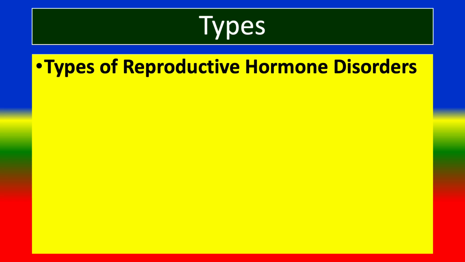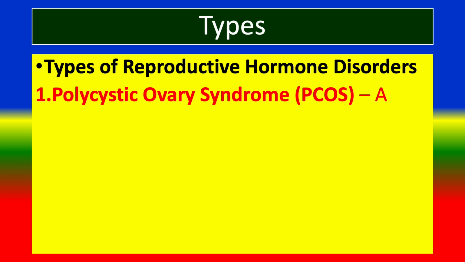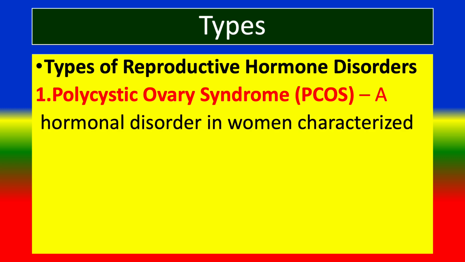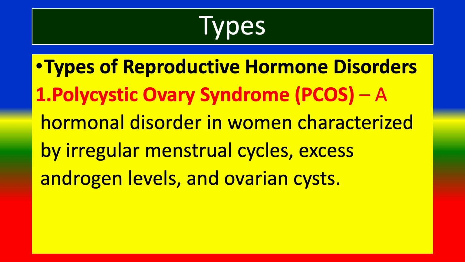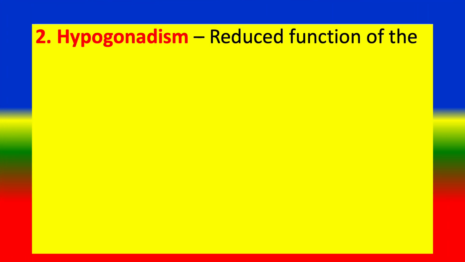Types. Types of reproductive hormone disorders. 1. Polycystic ovary syndrome, a hormonal disorder in women characterized by irregular menstrual cycle, excess androgen levels, and ovarian cysts. 2.